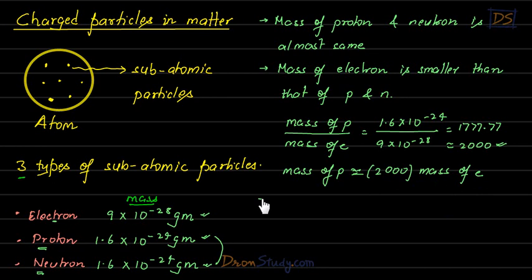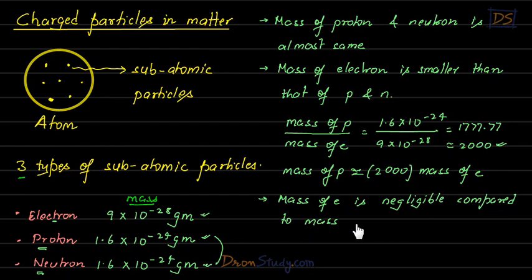So sometimes it is said that mass of electron is negligible compared to mass of proton and neutron, right, students?